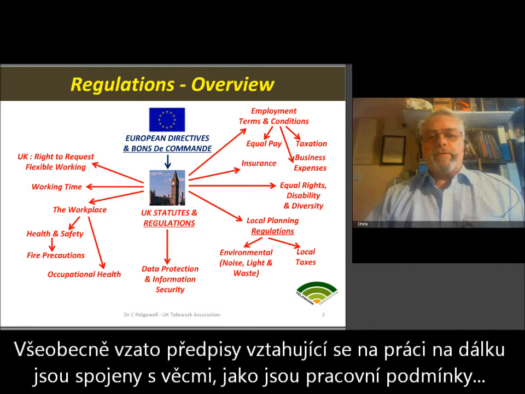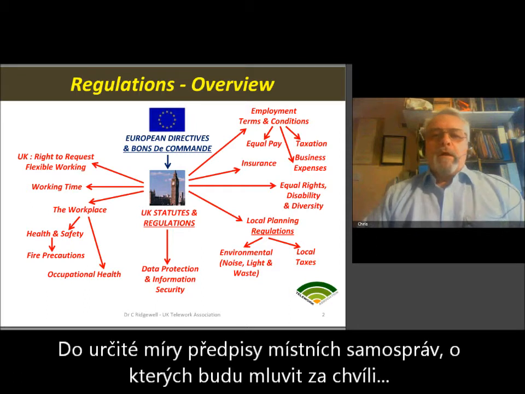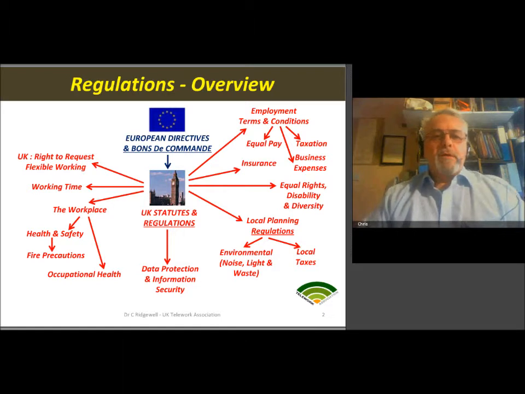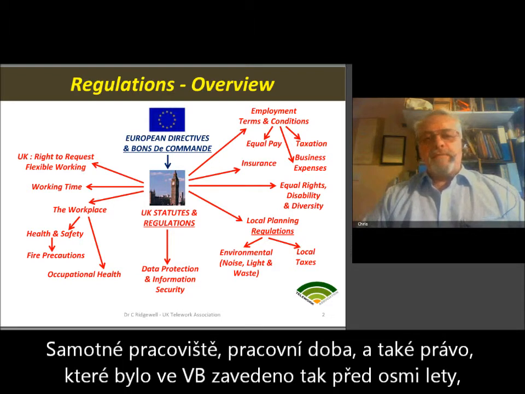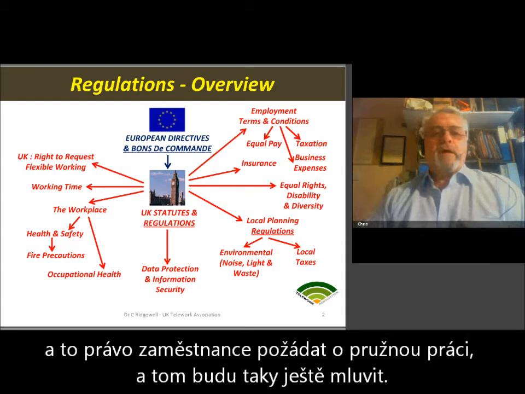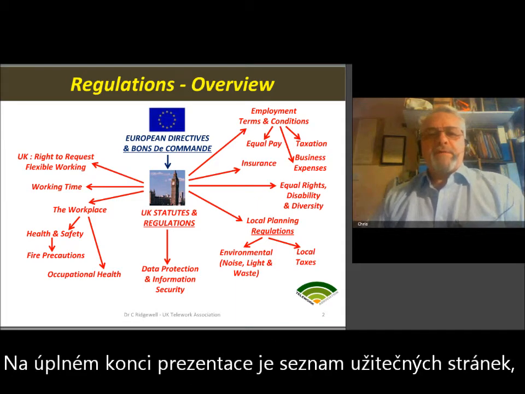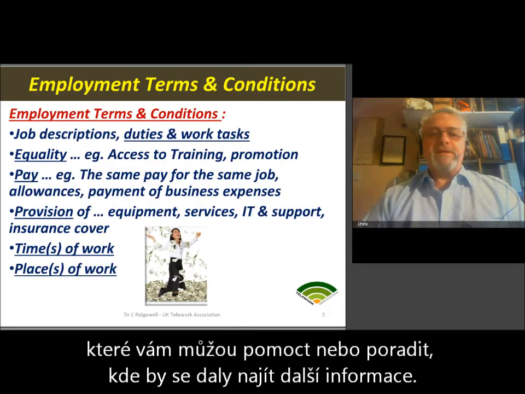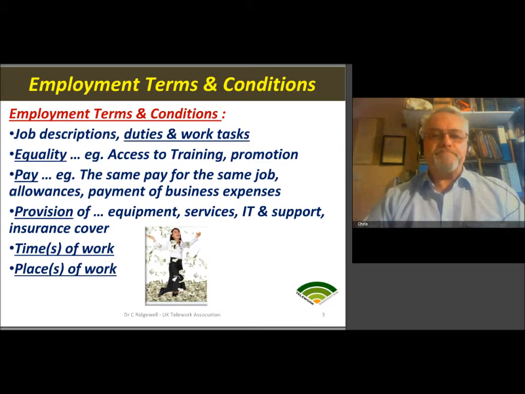In general, with regard to remote working, the regulations refer to things like the employment terms and conditions, to some extent local planning regulations, which I'll cover in a moment, the workplace itself, working time, and also in the UK we have implemented for the last 8 years or so the right for employees to request flexible working, and again I'll cover that. At the very end of the presentation you'll see a list of useful websites that might help you and give you some pointers as to where to look for more information.